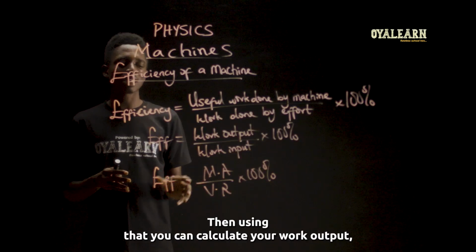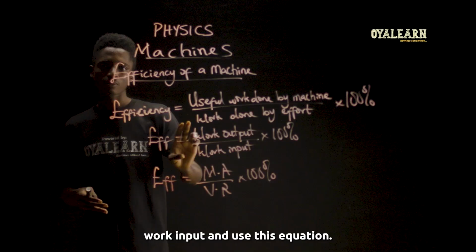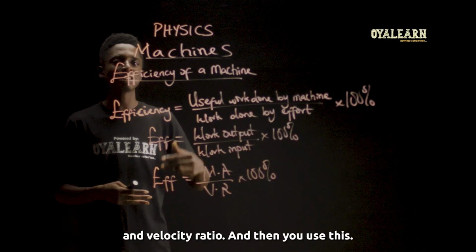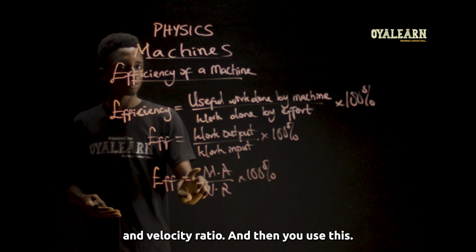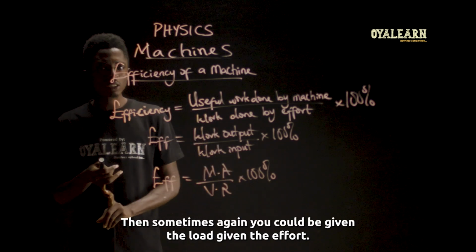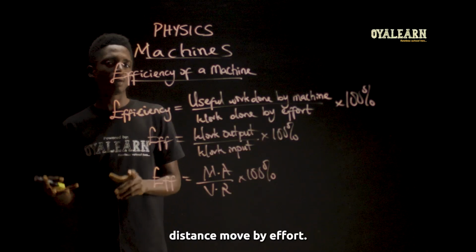Then using that, you can calculate your work output and work input, and use this equation. And there are sometimes where you'll be given mechanical advantage and velocity ratio, and then you use this. Then sometimes again, you could be given the load, the effort, the distance moved by load, and the distance moved by effort.